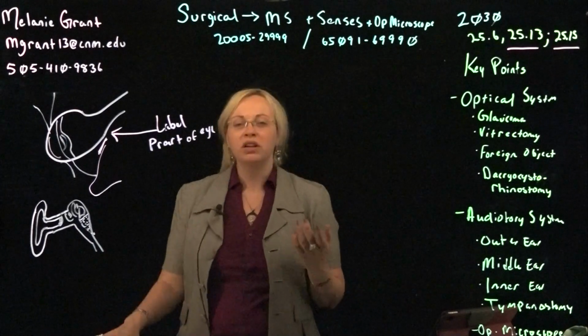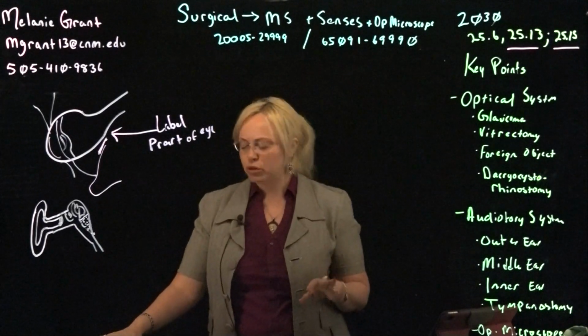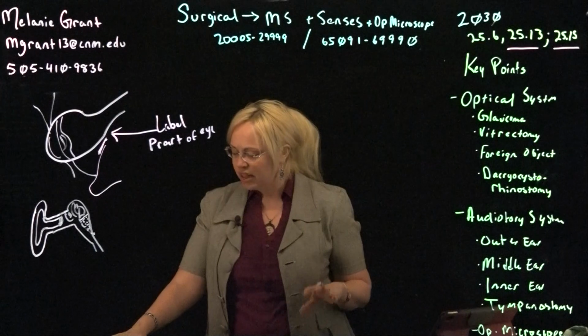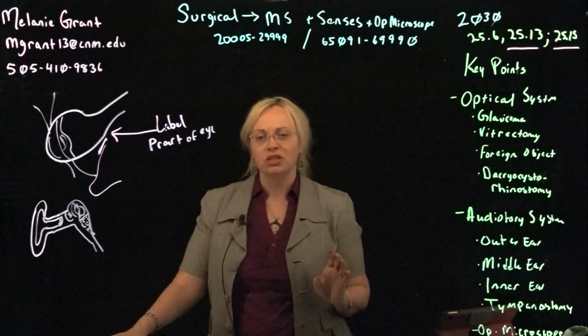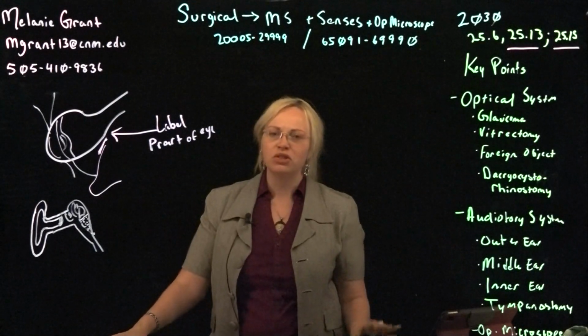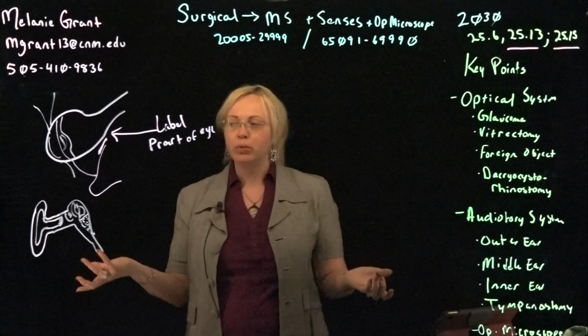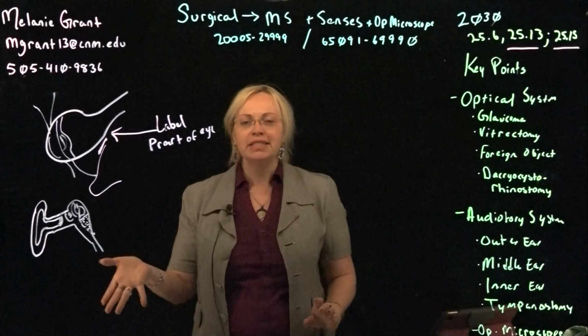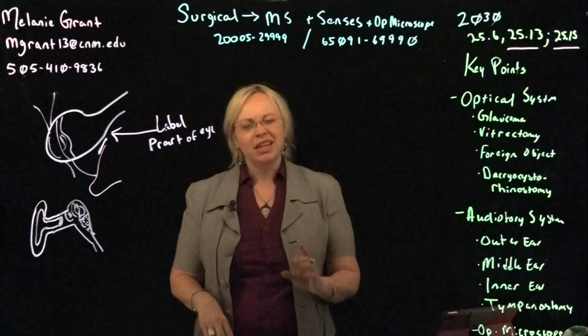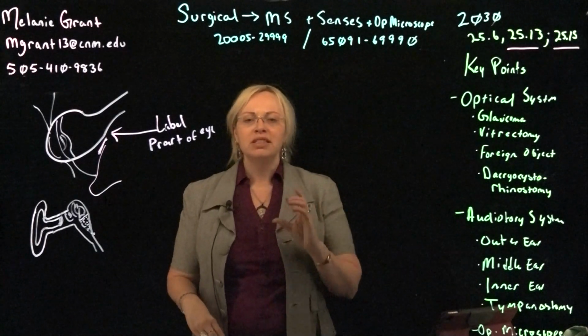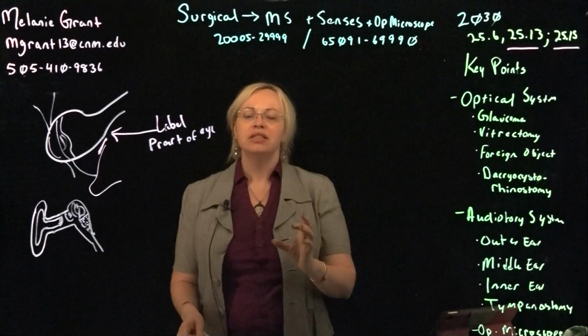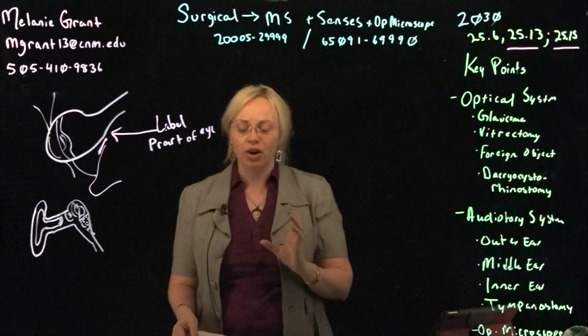Last but not least, one of the ones I see commonly in a surgical field is intraocular lens procedures. This is where the patient is no longer able to see very well for whatever medical reason, and we go in and we replace the lens. Now, just like a lens with a camera, the lens is what allows our eyes to focus and create clarity in our vision.